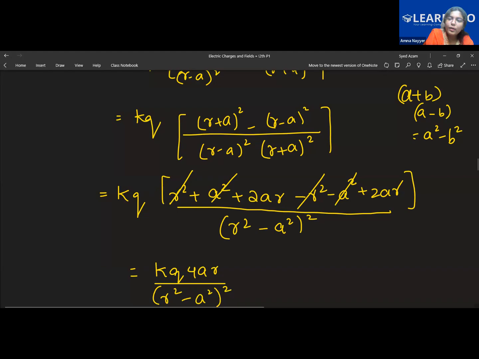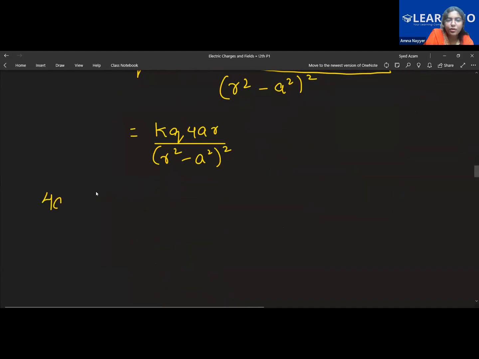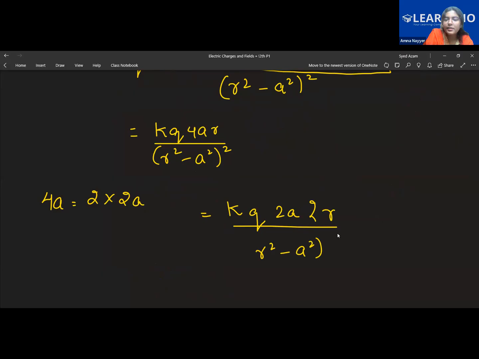Now class, 4 into a can be written as 2 into 2a. I'm just rearranging the terms. KQ into 2a into 2r by (r square minus a square) whole square.